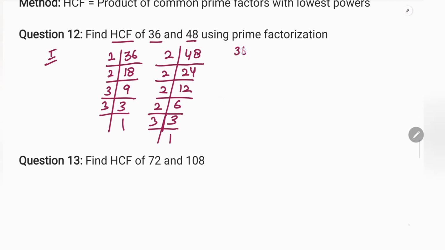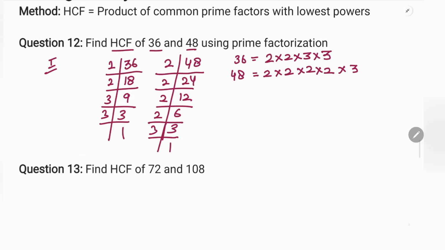36 is what? 2 times 2 times 3 times 3, right? And 48 is what? 2 times 2 times 2 times 2 times 3, right? Now they are saying highest common factor is the product of common prime factors with lowest powers.